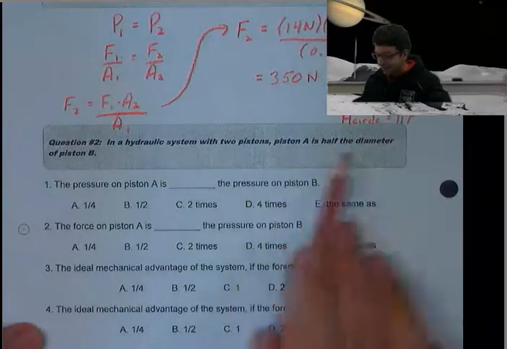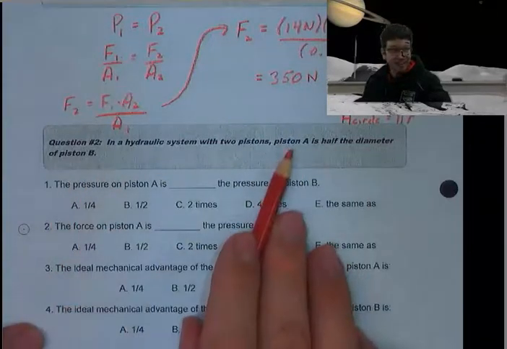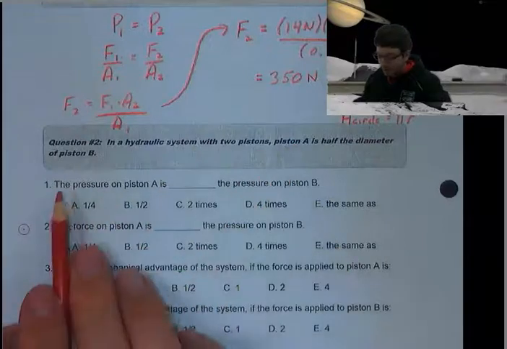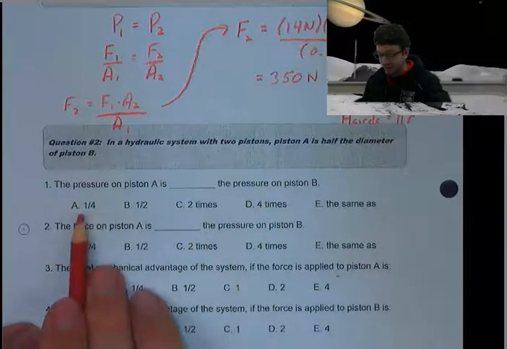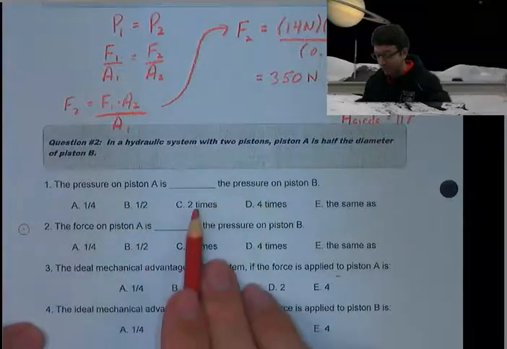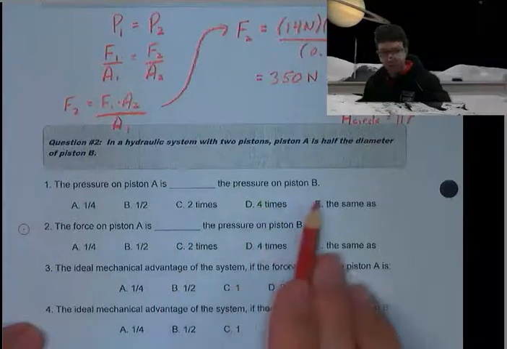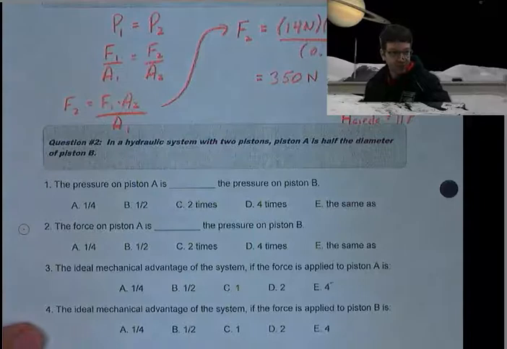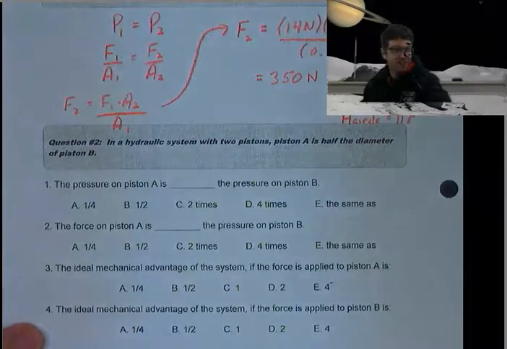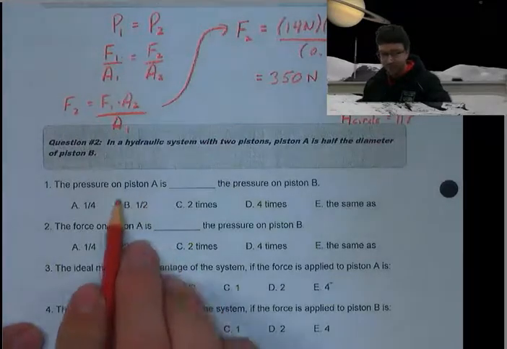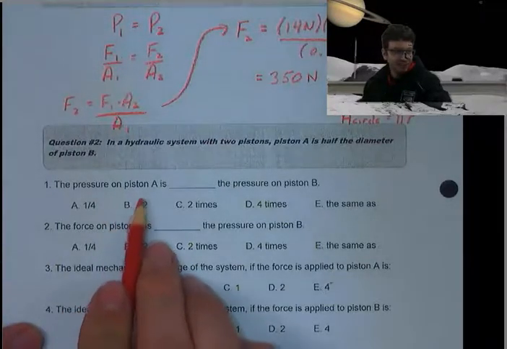Okay, so piston A is half the diameter of piston B. So piston A is the smaller one. The pressure on piston A is blank the pressure on piston B. Is it 1/4 the pressure, 1/2 the pressure, twice the pressure, 4 times the pressure, or the same pressure? What do you think? Try typing A, B, C, D, or E into the chat. Okay, somebody's saying B. It's a good guess, right?